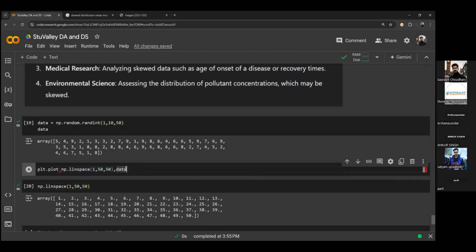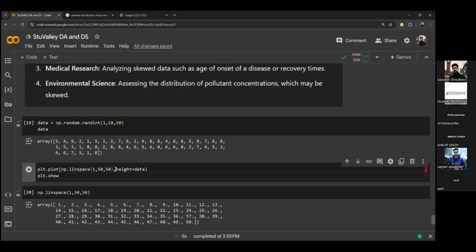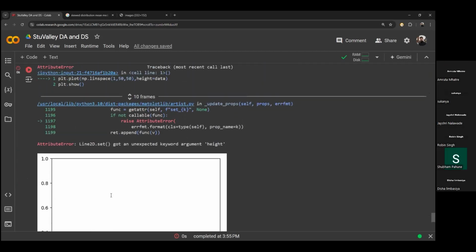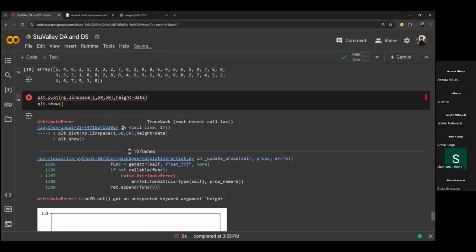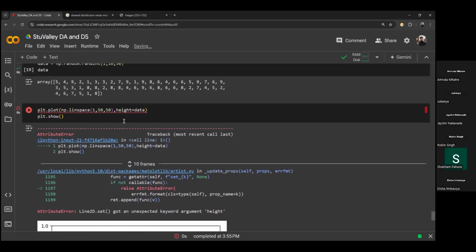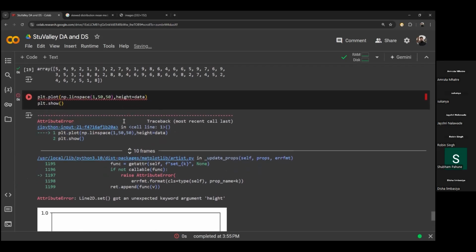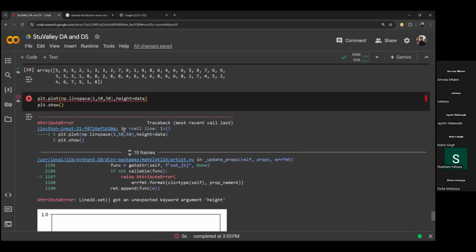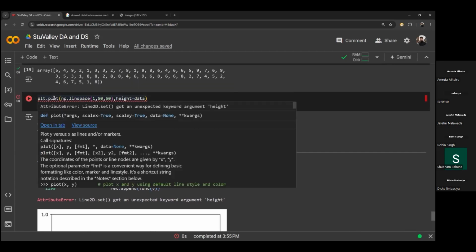And on the y side, you can say the height of the bar should be according to this data. plt.show you can do. Oh, sorry, it should be bar.